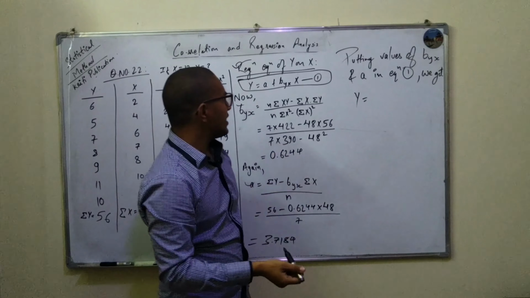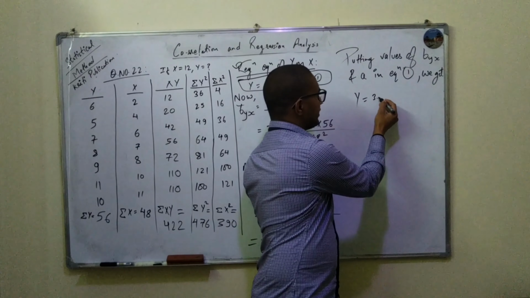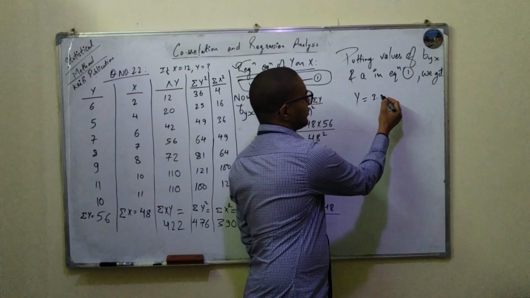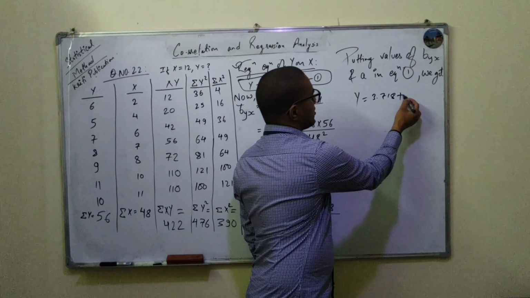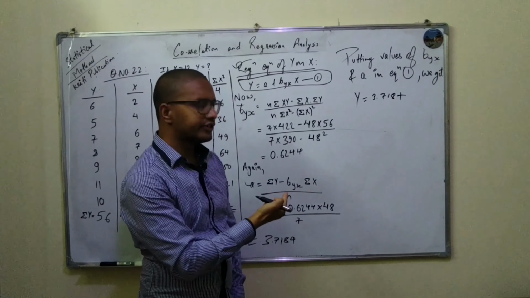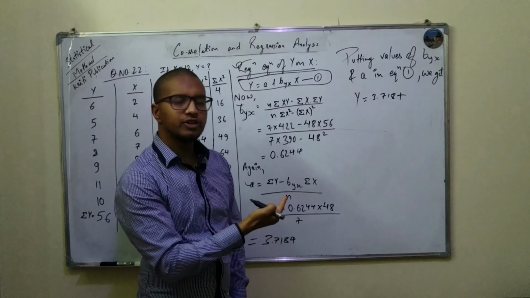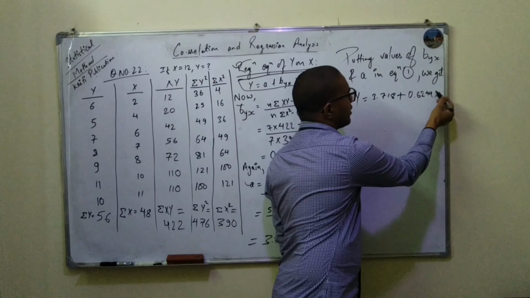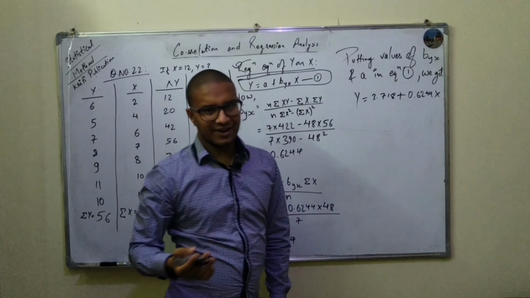So y equals a, which is 3.7184, plus 0.6244, that's our byx, times x.